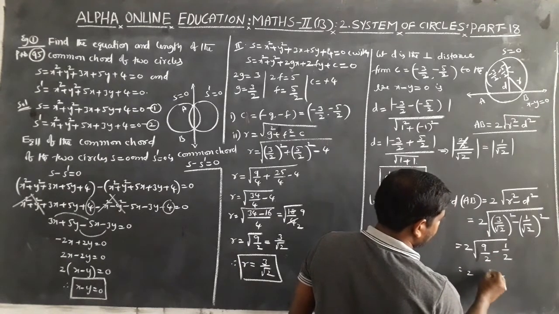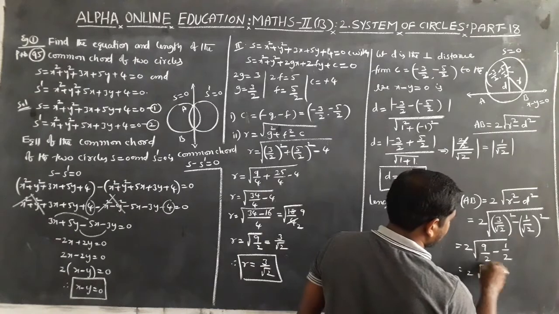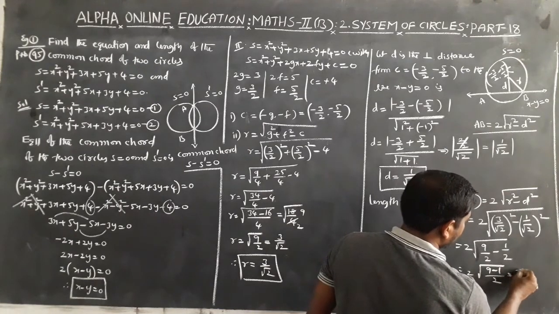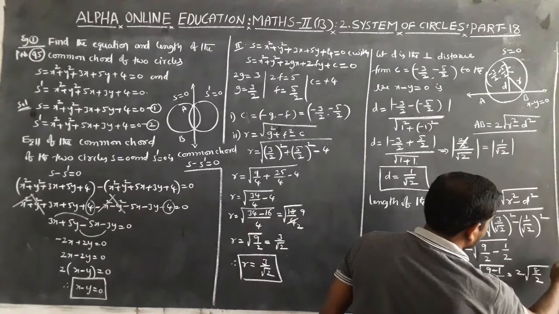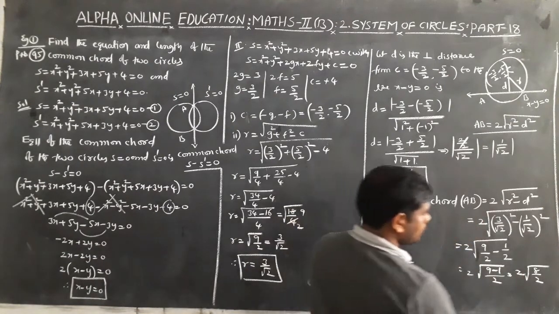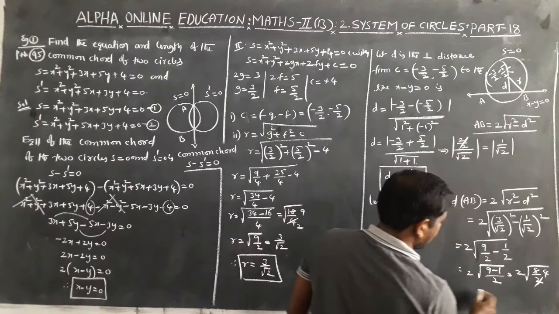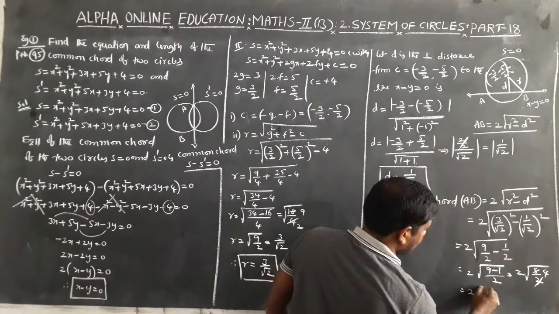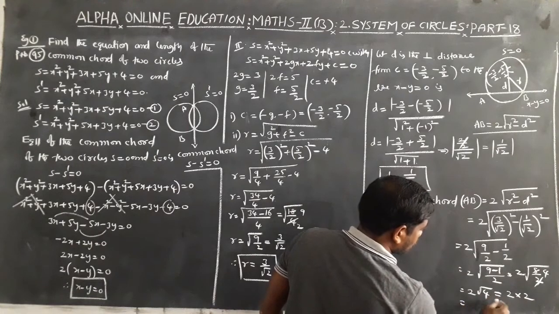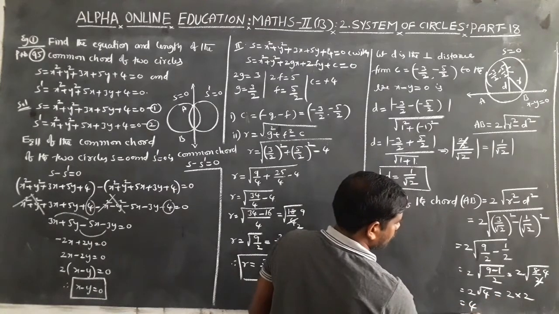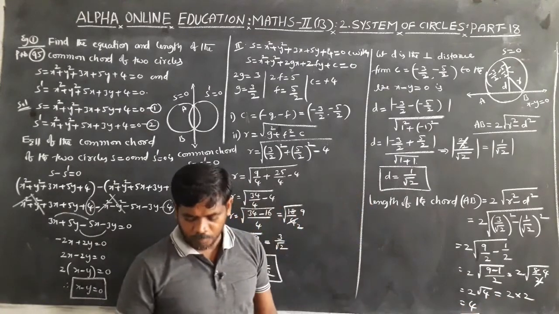Here LCM is 2: 9 minus 1, 8 by 2. 2 fours are 8, so 2 into root of 4. Root 4 means 2, so 2 twos are 4. This is the length of the chord.